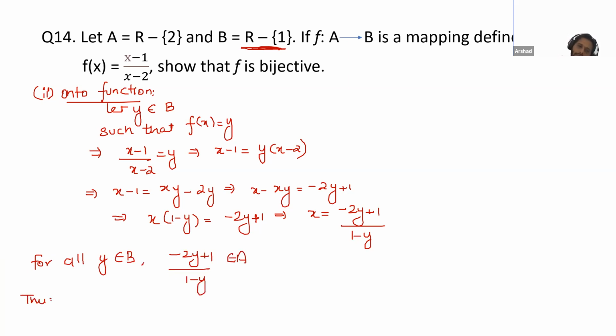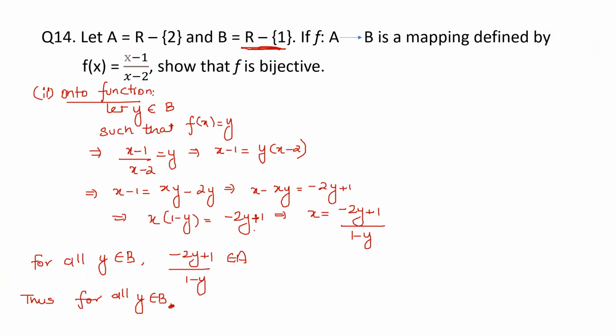Thus, for all y belongs to B, minus 2y plus 1 by 1 minus y. No, just, instead of xy, y 1 minus y came. Sorry, sir, will you please repeat? Instead of xy, y 1 minus y came.